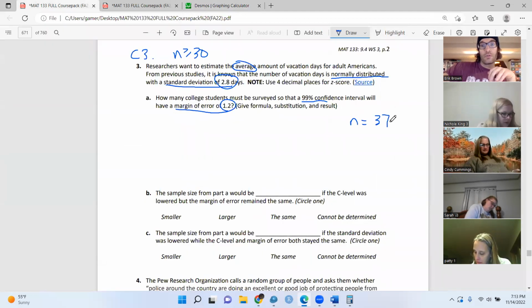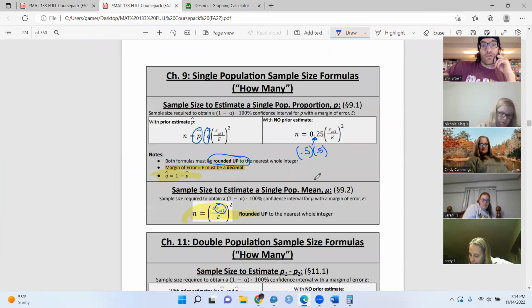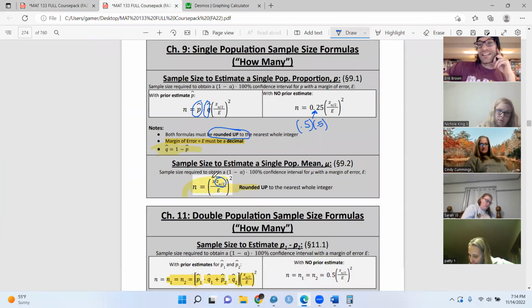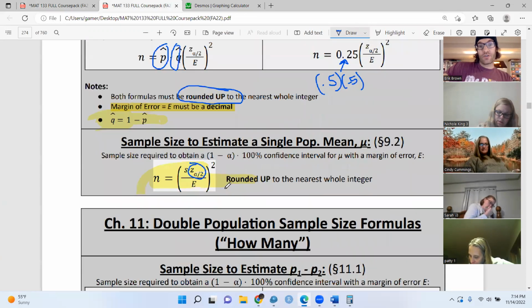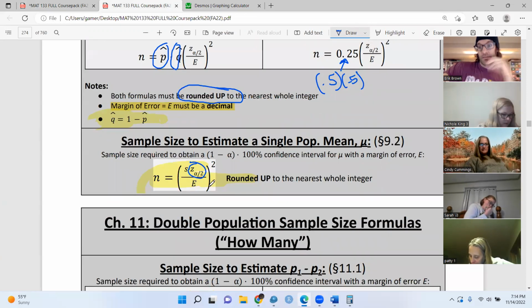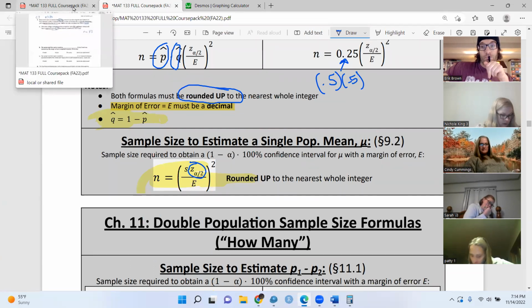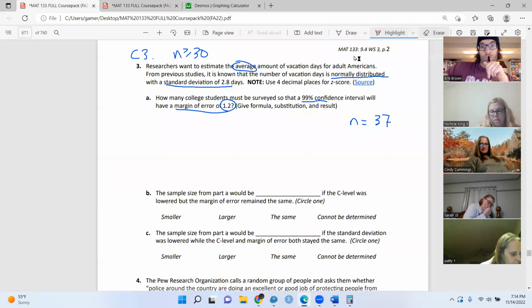Where does the 2.8 come from? Great question. It said that it has a standard deviation. We know this from previous studies of 2.8. So if you look at your formula for means, you need the S, which is the sample standard deviation, and you need the Z critical value, and you need the E. Those 3 things. Is that making sense?